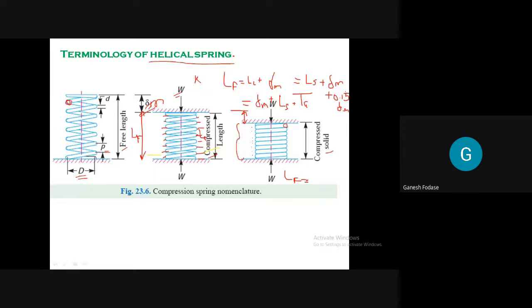Yes, sir. Okay. Others, is it clear? Relationships between LF, LC and LS. Yes, Ameya Mahamuni. Is it clear? Yes, sir. Please tell me the relationship between LF and LS. Ameya, LF and LS.